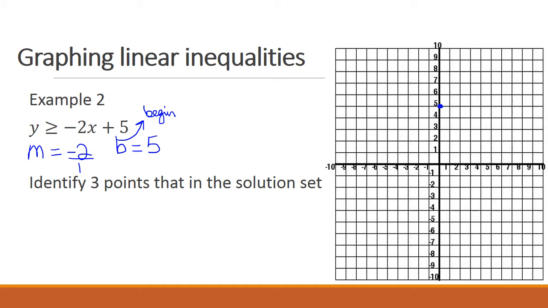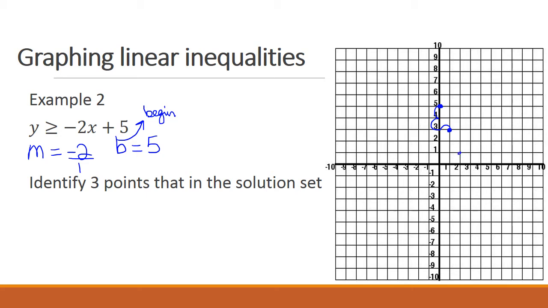Negative 2 is the change in y, and when I have a negative value, that means I have to go down 2 units. And then I have 1 for the change in x, and since it's positive, that means I need to move to the right. So my next point is going to be 2 units down, 1 unit to the right.